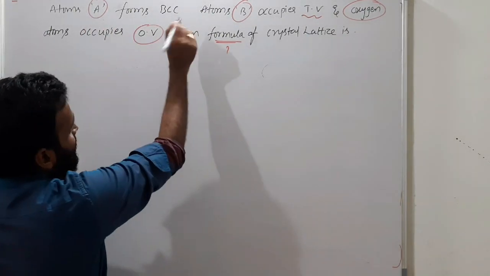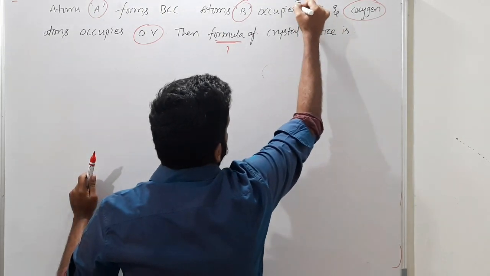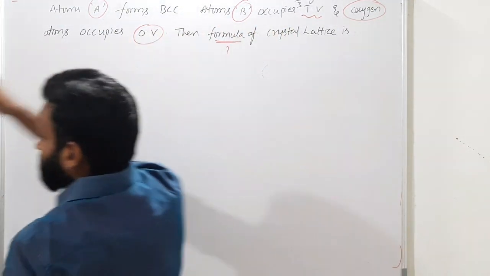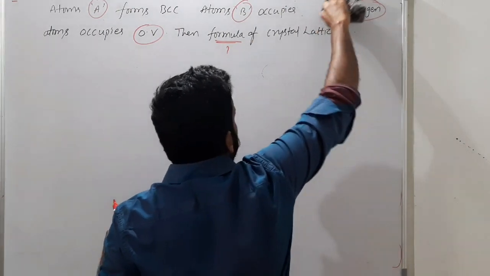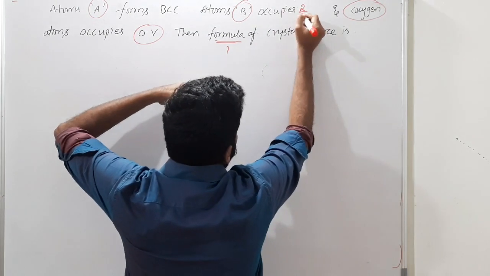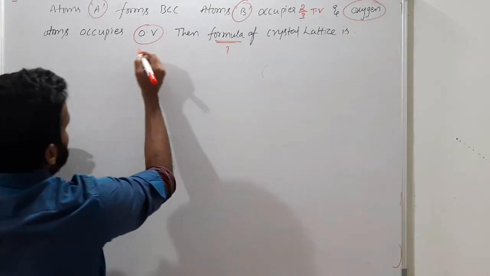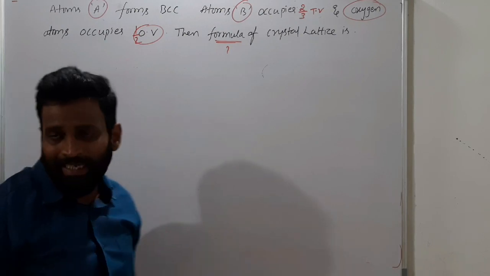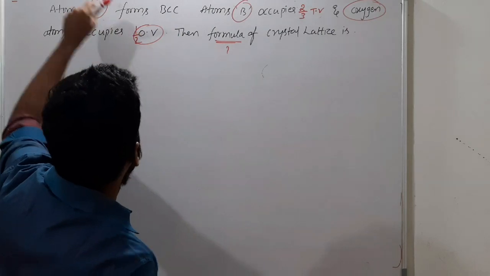Atoms B occupy 2/3 of the tetrahedral voids, and oxygen atoms occupy 1/2 of the octahedral voids. Then what is the formula of the compound? This is the question.